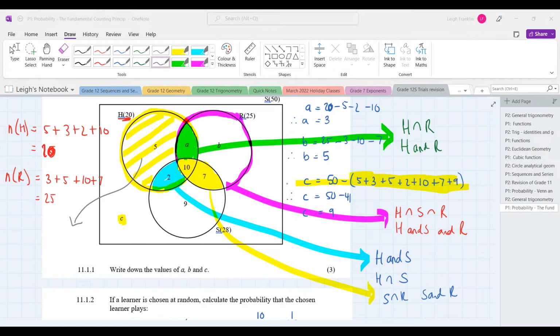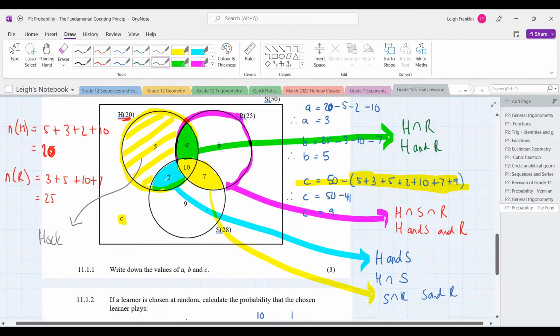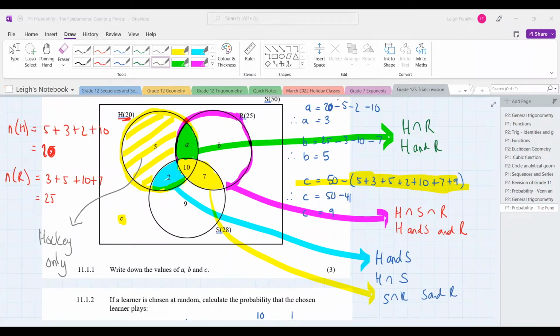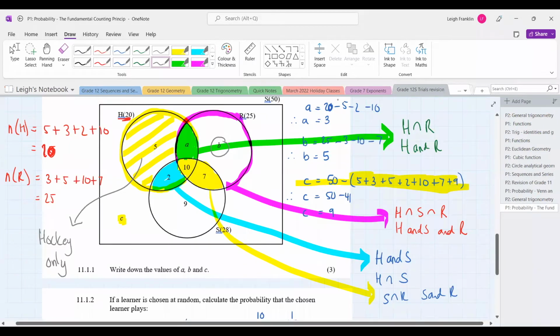Hockey only, absolutely. So they only play hockey. They don't play any of the other sports. Similarly, there would be 9 people that play only soccer, and remember B was equal to 5, so there are 5 people that play only rugby.